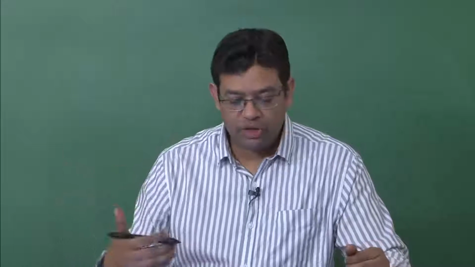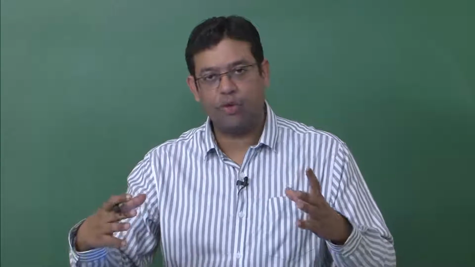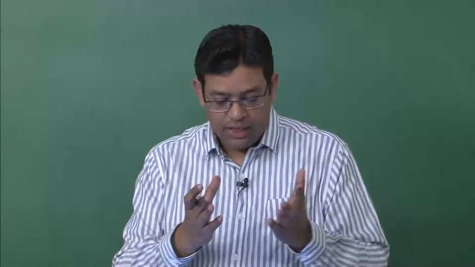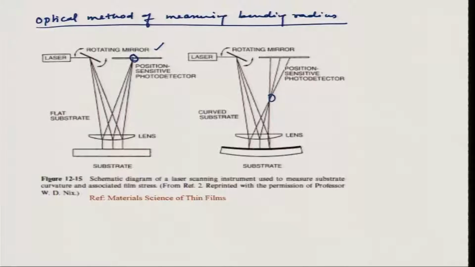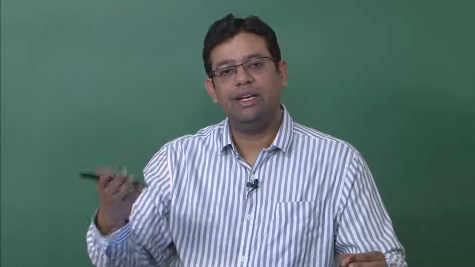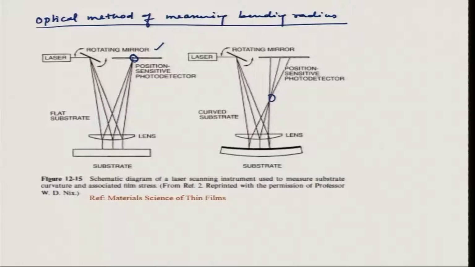Usually you would record this position of the laser at 2 or 3 points or maybe 4 points at the edges of your substrate. If these positions change with your deflection in the rotating mirror, that would be the indication of any bending in the surface. If the substrate is perfectly flat, optically flat, then you will not see any change in the position.